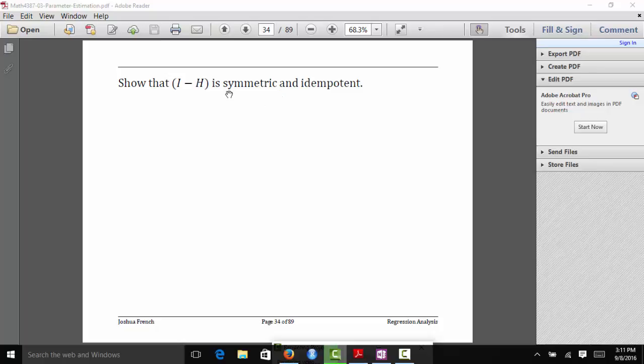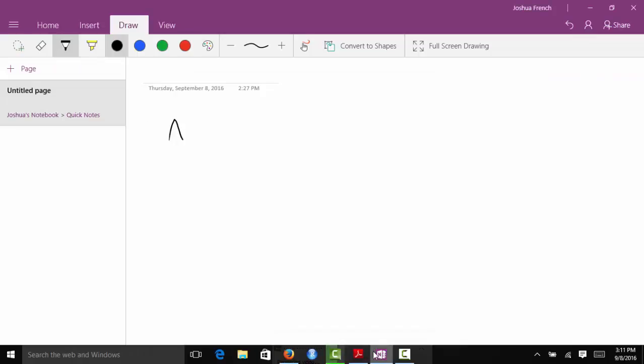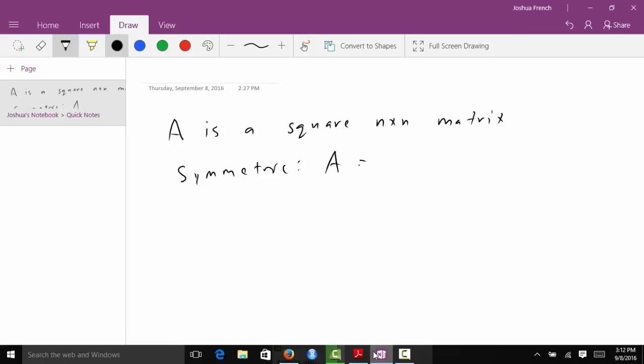So for those of you who haven't had a linear algebra course recently, let me remind you what symmetric and idempotent mean. Let's assume that A is a square n by n matrix, and A is symmetric if A is equal to A transpose. So there's an aspect of symmetry there.